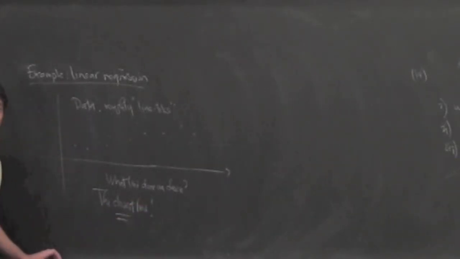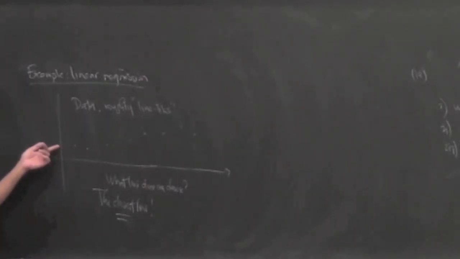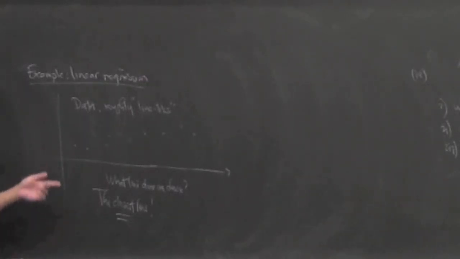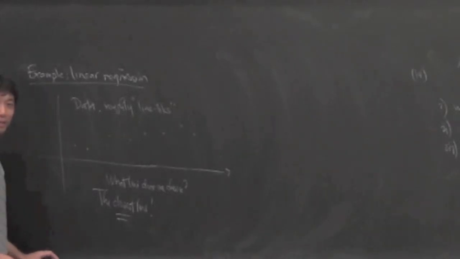But then the question is, what do you mean by the closest? What's the distance between a line and the points? How do you measure that distance? It's the line that, if you average it out, is closest to all the points, running roughly between all of those.